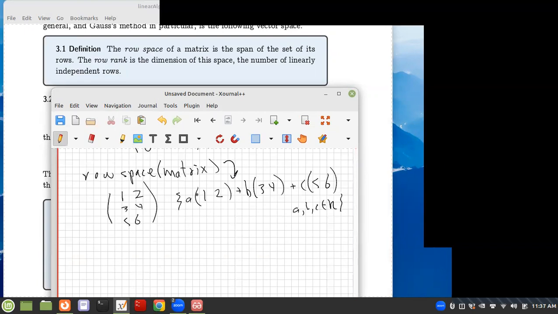Now you can see here that these vectors are not going to be linearly independent, and we can check that. But the point is that, in general, if I just write down the rows of a matrix, those row vectors are not going to be linearly independent.